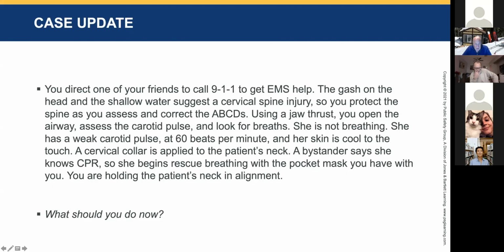She's not breathing. She has a weak carotid pulse at 60 beats per minute. Her skin is cool to the touch. A cervical collar is applied to the patient's neck. A bystander says she knows CPR, so she begins rescue breathing with the pocket mask you have with you. You're holding the patient's neck in alignment.